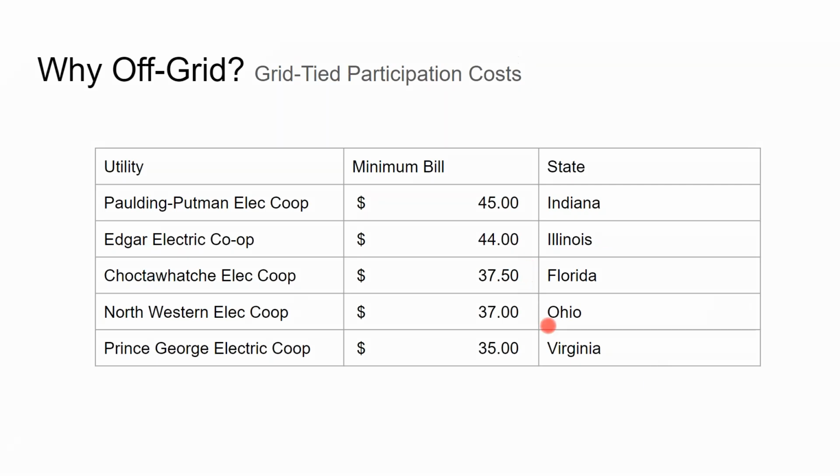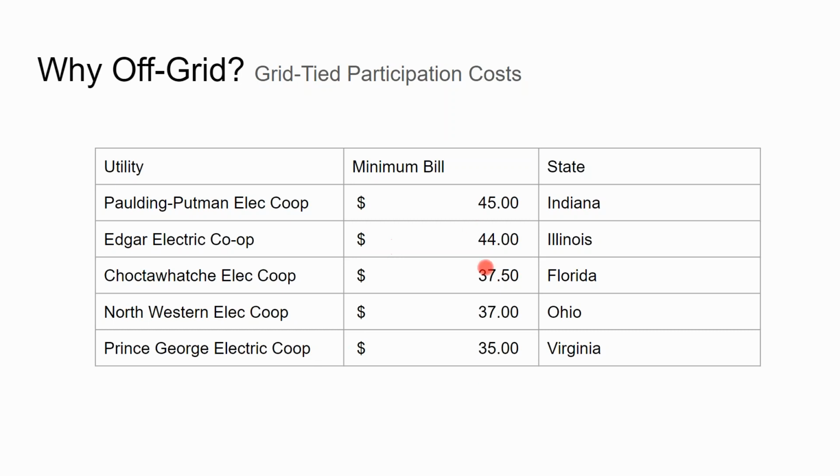And I was kind of surprised by the results. I mean, this isn't New York City. This isn't California. It's the middle of the country. It's Indiana and Illinois, Ohio, Virginia, and almost uniformly they're cooperatives rather than investor-owned utilities or municipalities.